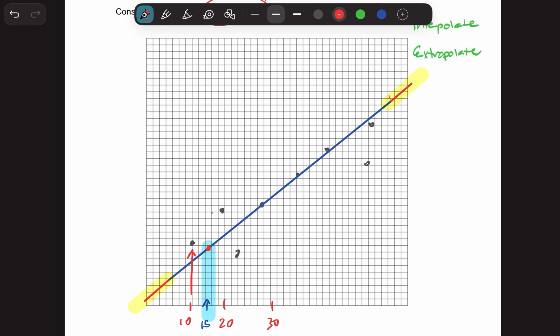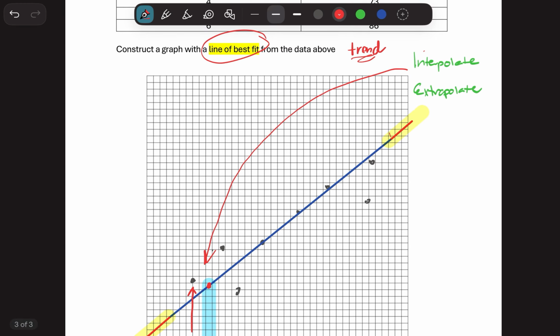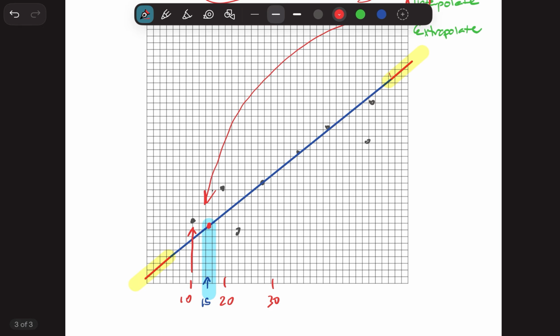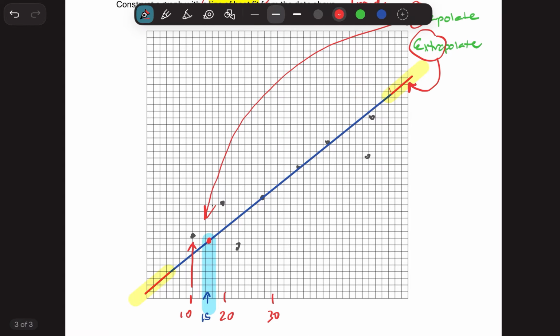So interpolation allows me to guess what would be in the graph. What data would be at that point? And extrapolation comes from the word extra. You're guessing what would be on the outside. So I'm looking at the values that are on the outside of the graph.